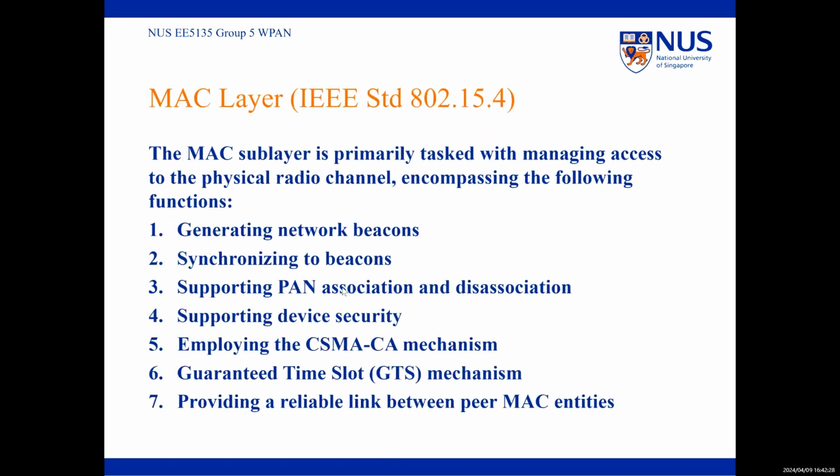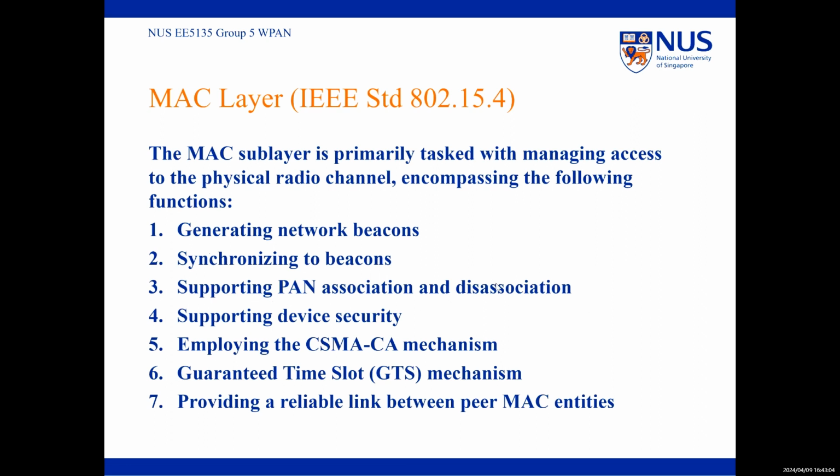Next, the second layer is the MAC layer. The MAC sublayer's prime task is managing access to the physical radio channel, and it has the following functions. The first function is that if the device operates as a coordinator, it's responsible for generating network beacons, facilitating network organization and synchronization.